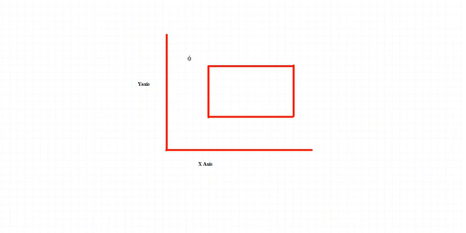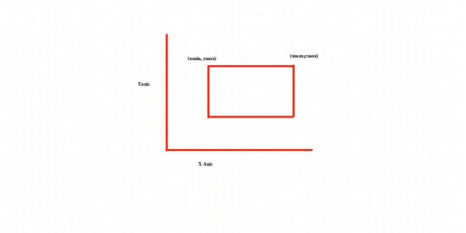rectangular viewing pane can be defined with four coordinates for its four corners. For example, once again, the coordinate for the upper left corner is x min, y max. The coordinate for the upper right corner is x max, y max.